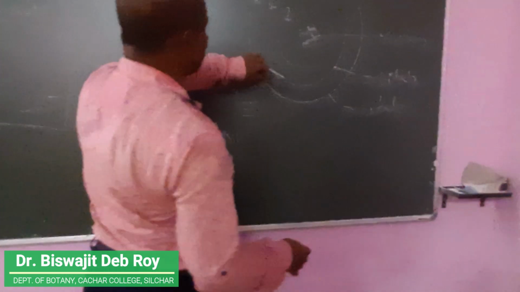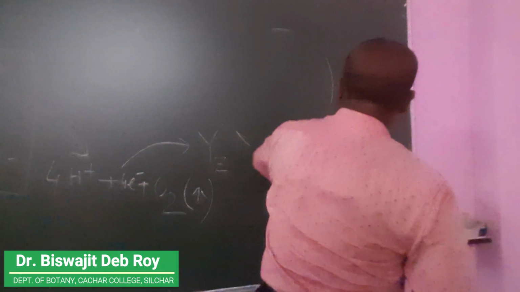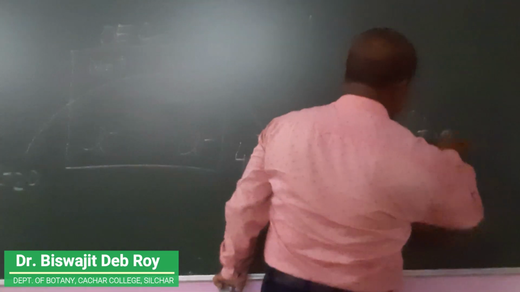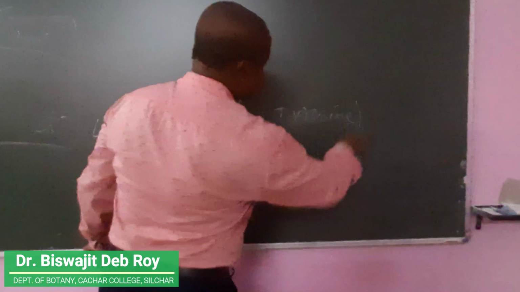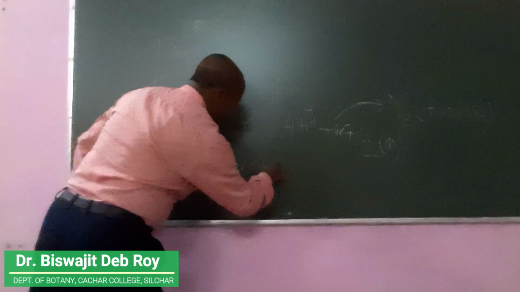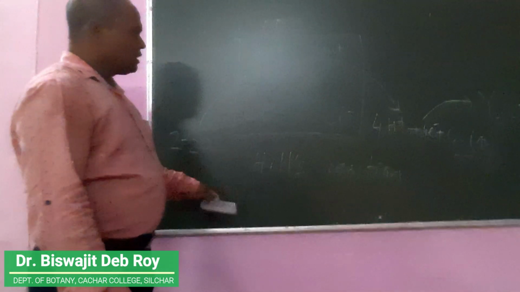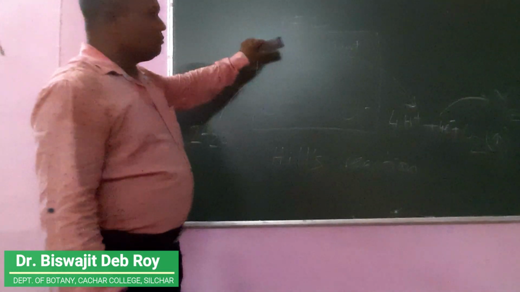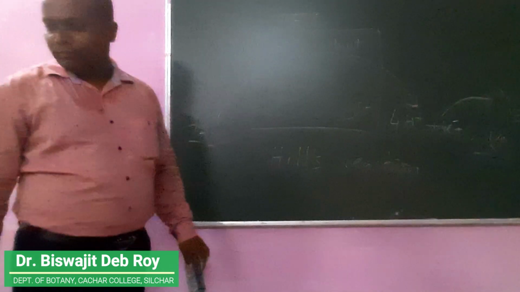The nature of this YZ is that it is a tyrosine amino acid. Clear? So this is the oxygen evolving complex and the Hill reaction. Before the start of photosynthesis, the Hill reaction occurs. In the Hill reaction, oxygen evolves, and this Hill reaction was described by R. Hill. So this is the oxygen evolving complex.